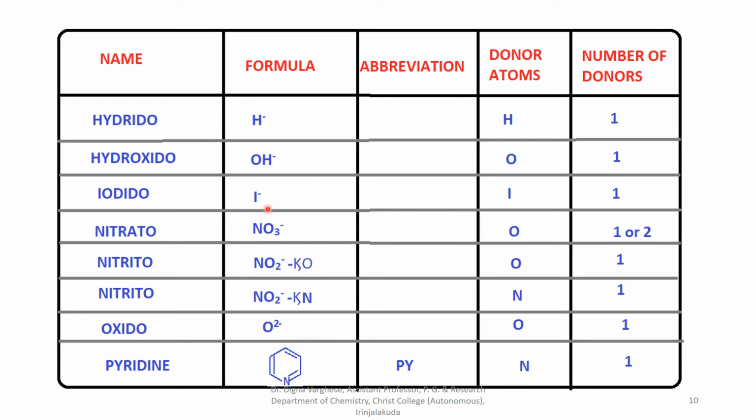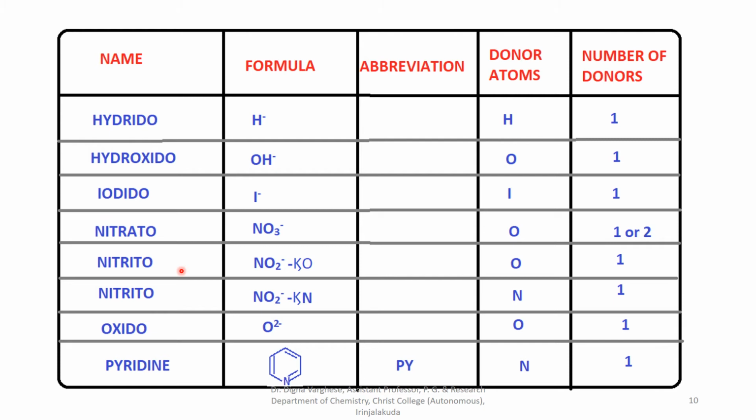Iodido, I minus, iodine atom is the donor atom and number of donor atom is 1. Nitrato, NO3 minus, oxygen is the donor atom. Here it can act as monodentate or bidentate depending upon the number of oxygen atoms attached to the metal atom. This is similar to carbonate ion.